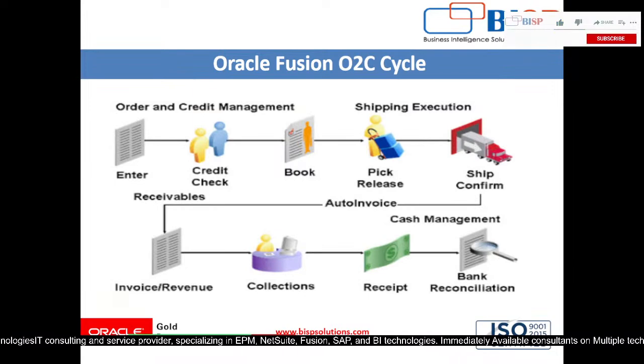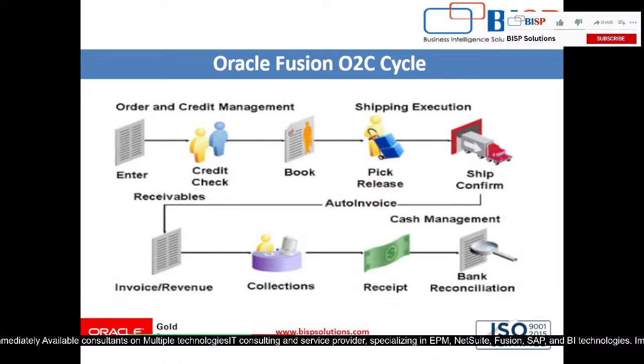So in our last session, we already saw what the O2C cycle is. It is the order to cash cycle. In the order to cash cycle, we already performed how we create the sales order. So in our order management application, we create the sales order. Under the sales order, first we have to identify the requirements of the items and the goods.